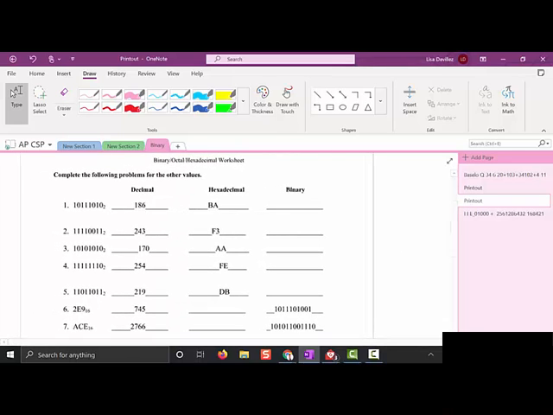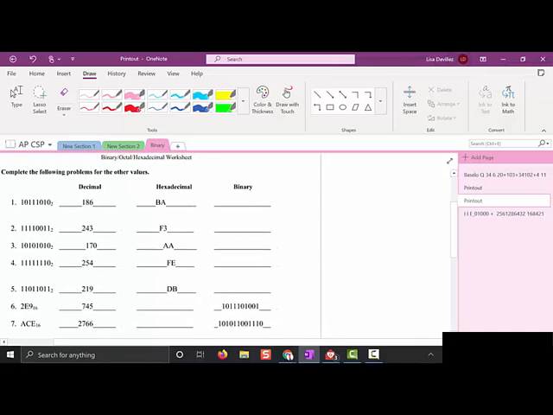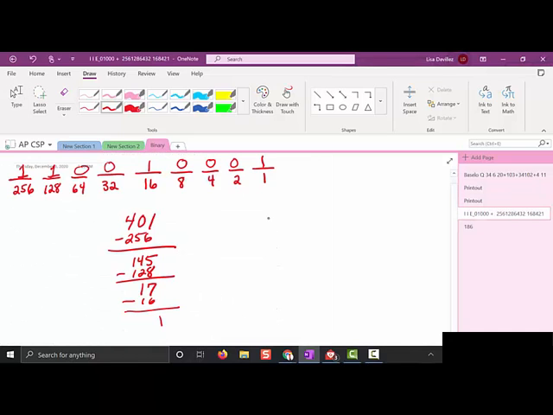handout here. Okay, so let's just do a couple of these. All right, so I'm going to do it on this page. That makes more sense. 186. Okay, so let me erase these off. All right.